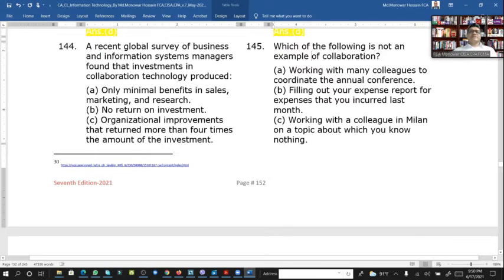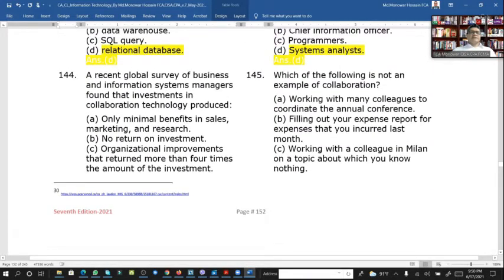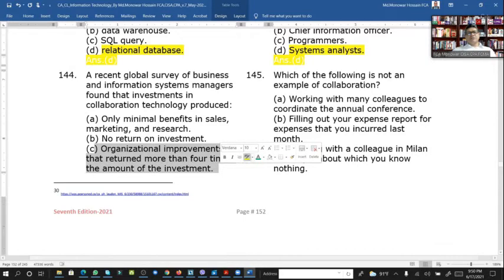A recent global survey of business and information system managers found that investment in collaboration technology produced, there are 4 items, and the real answer is: organizational improvement that returned more than 4 times the amount of the investment. And which of the following is not an example of collaboration?